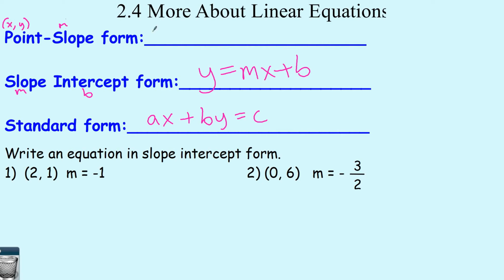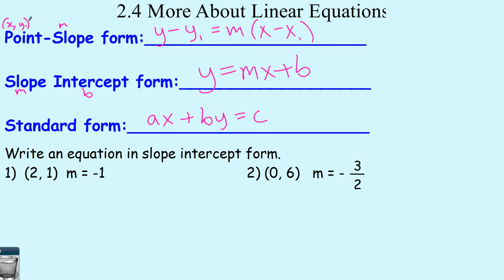So you start with the difference in y's equals the slope times the difference in x's. Okay, where x1 and y1 come from the point you get. Okay, so this is x1, y1.